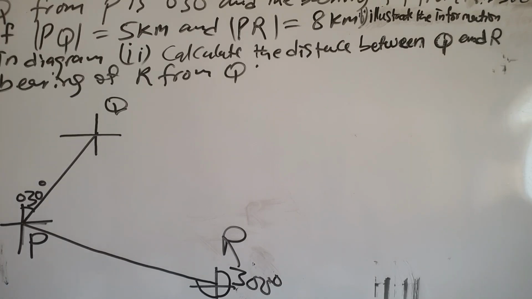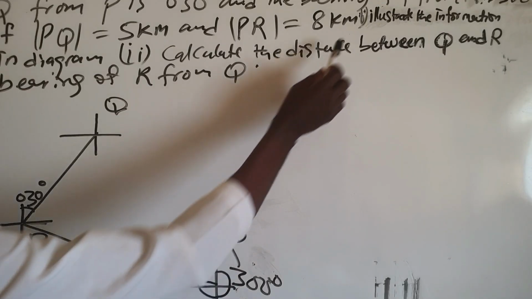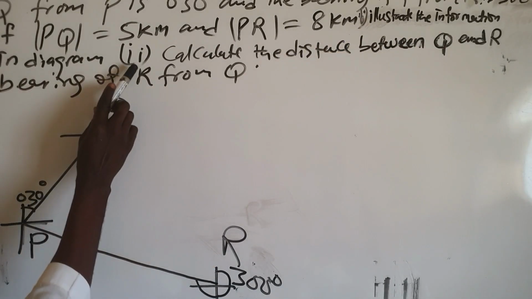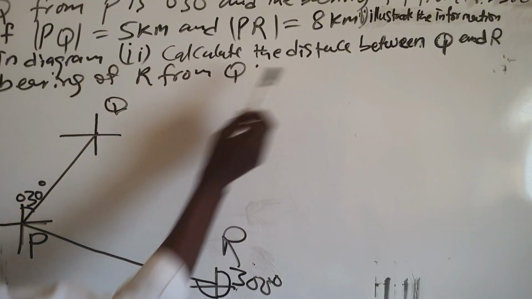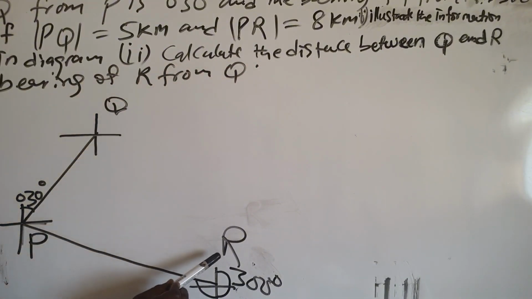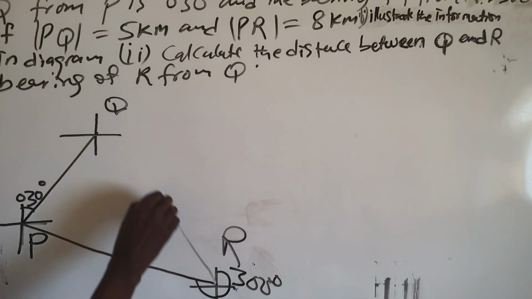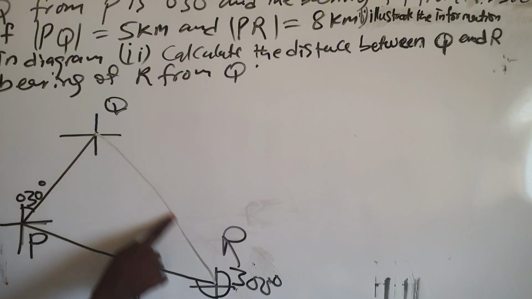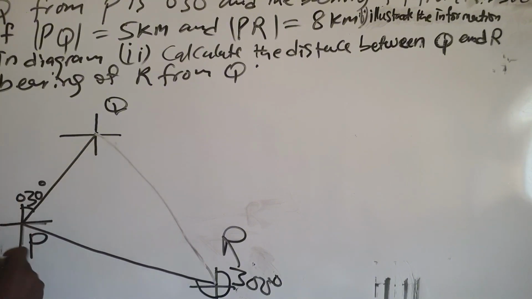Now this is the information I'm trying to represent in the diagram. Number one question says we should illustrate it in a diagram, which is what we are doing now. The second question says we should calculate the distance between Q and R, which means the distance from here to here. Don't mind my diagram; all this I'm drawing is supposed to be straight.